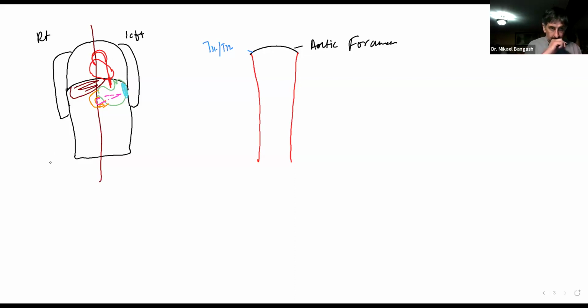And as we know, your aorta is going to be retroperitoneal, so it's going to run up against the posterior abdominal wall. So it's only going to be covered by peritoneum on its front side. Did that make sense?